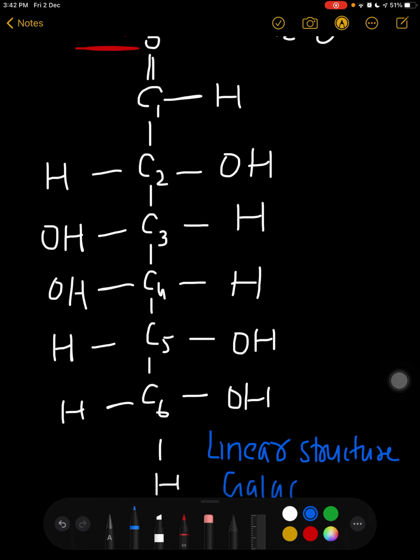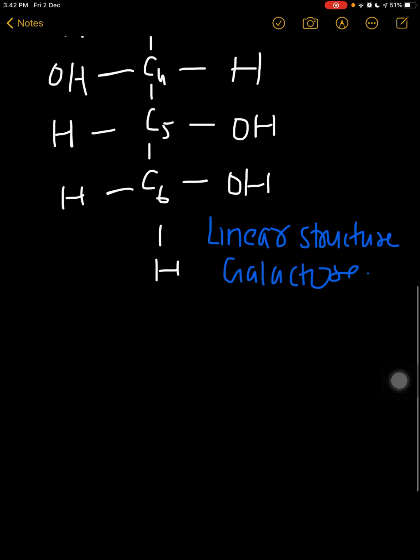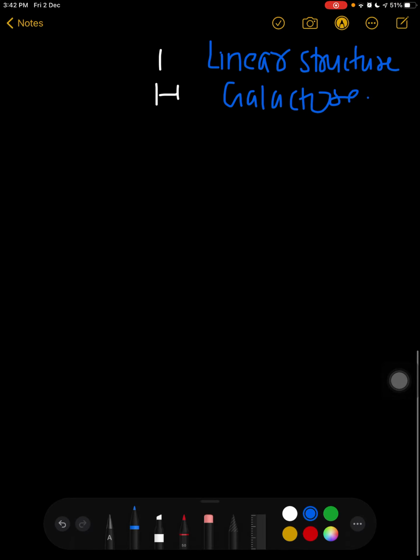Now let's form the ring of this galactose. So over here we are having the oxygen.